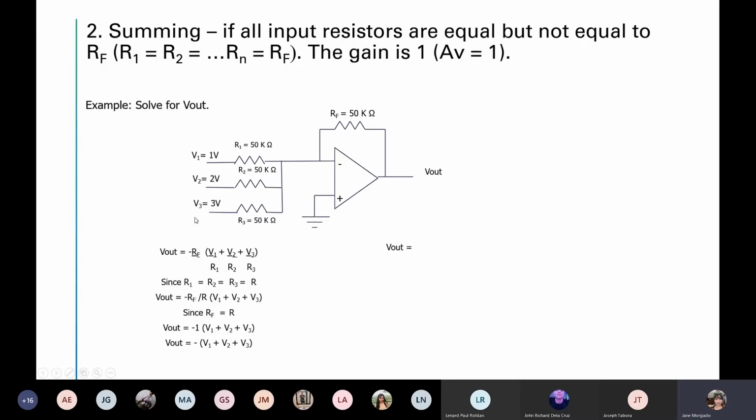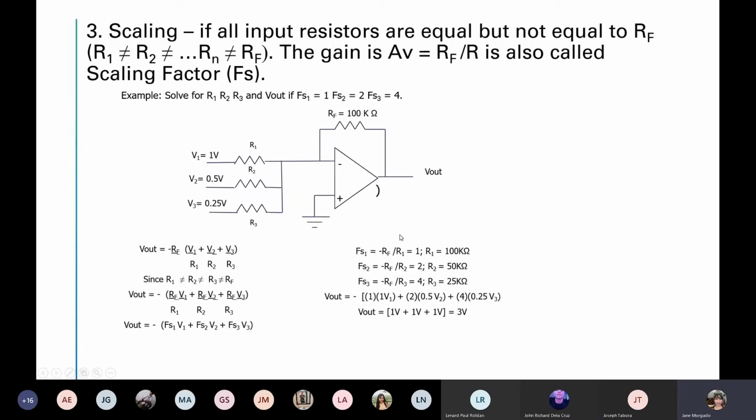Since equal sila lahat, your gain RF over R is equal to 1. So ang voltage gain niya is 1. Negative RF over R is equal to 1. Therefore your V out is simply equal to the summation of V1 plus V2 plus V3, of course negative. Maging negative siya.